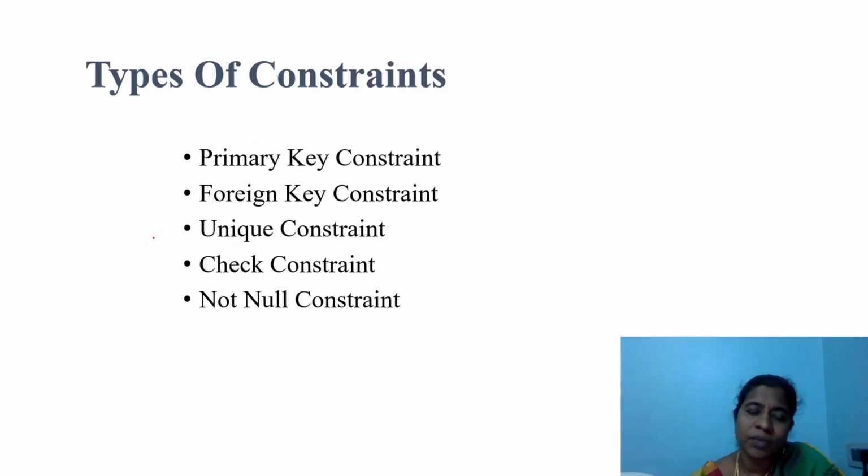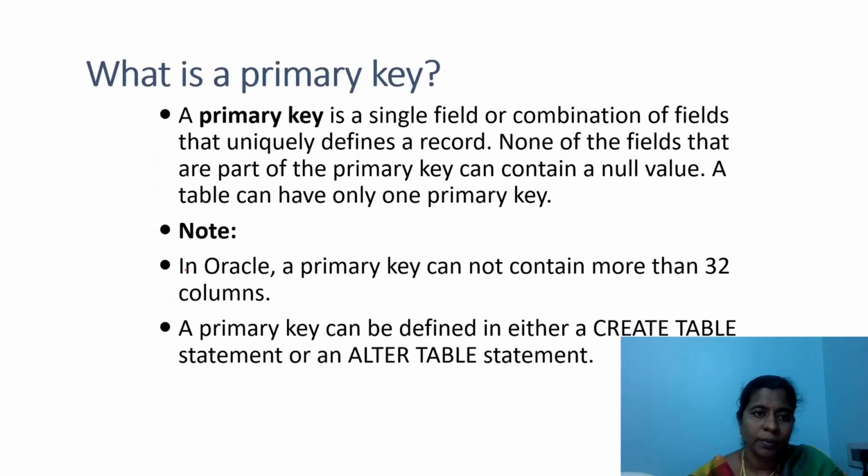The different types of constraints are primary key constraint, foreign key constraint, unique constraint, check constraint, and not null constraint. As we all know, the primary key constraint is unique as well as not null. Then we have the referential integrity constraint, or the foreign key constraint, and the unique constraint. And the fourth one is check constraint and not null constraint. We'll see these constraints one by one.